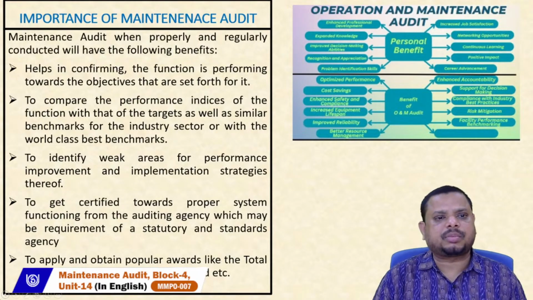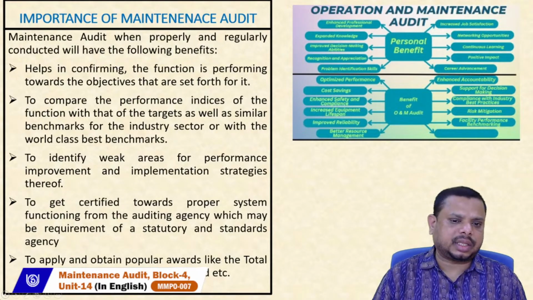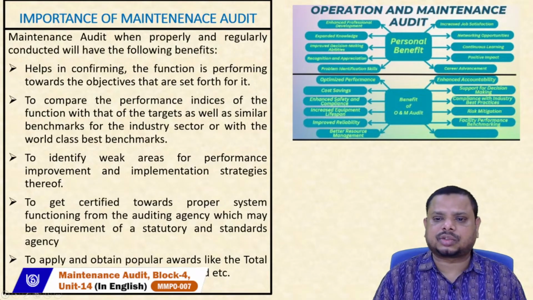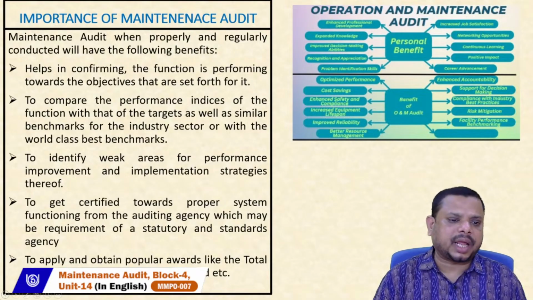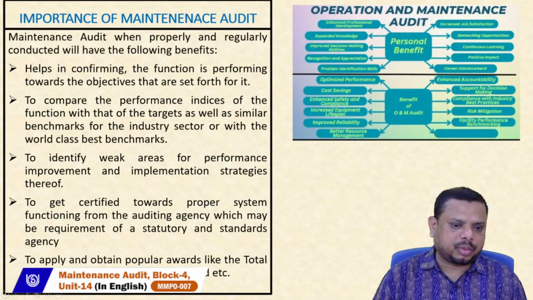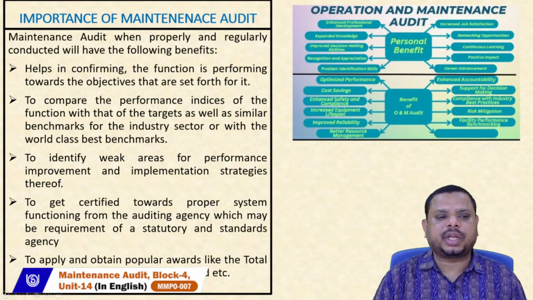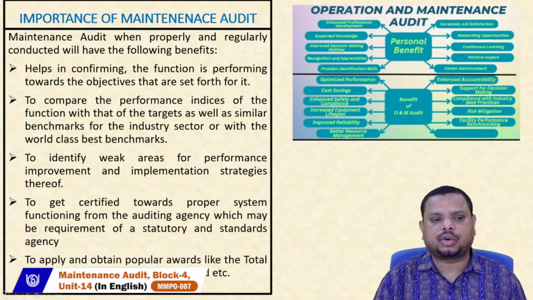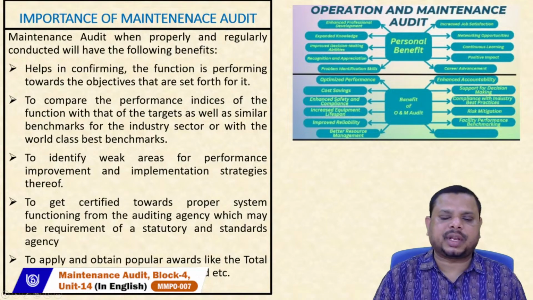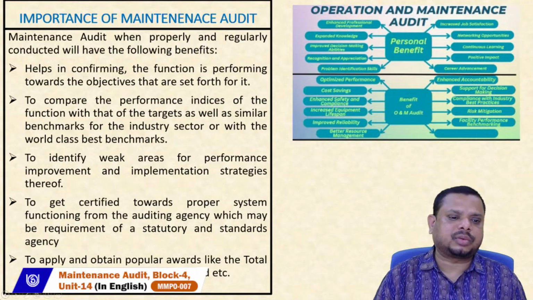The basic concept of a maintenance audit is support for compliance and improvement. So you have to identify the weak areas that need to be improved and implement various strategies so that the area is improved and the percentage of breakdowns is reduced.